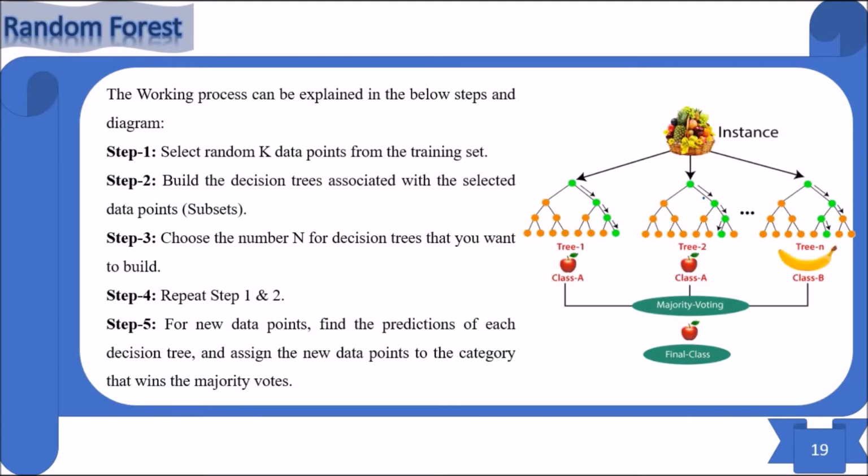During the training phase, each decision tree produces a prediction result, and when a new data point occurs, then on the basis of the majority of the results, the random forest classifier predicts the final decision like this. The majority of votes goes to this apple image, so that's why the final class is apple.